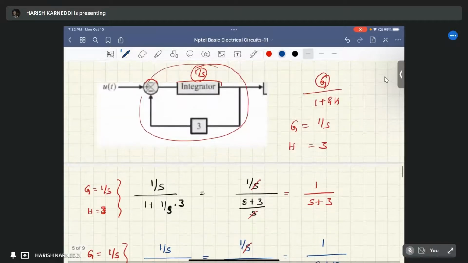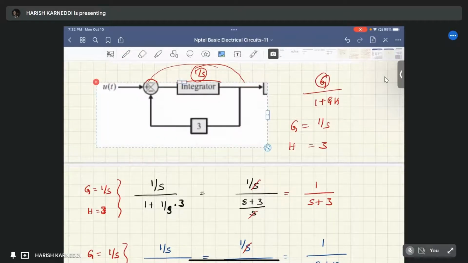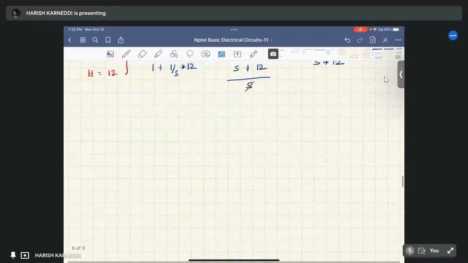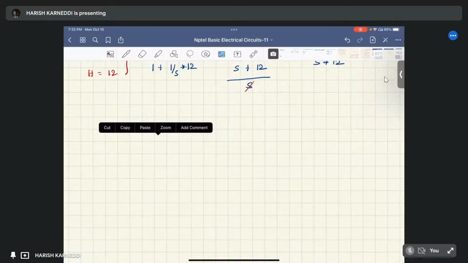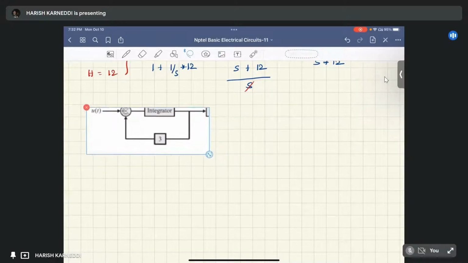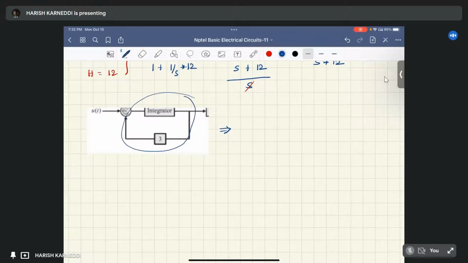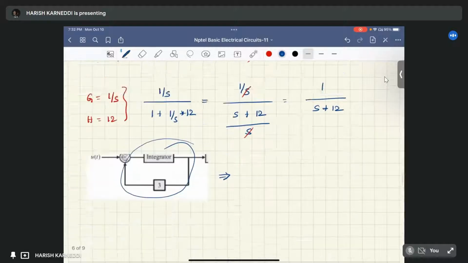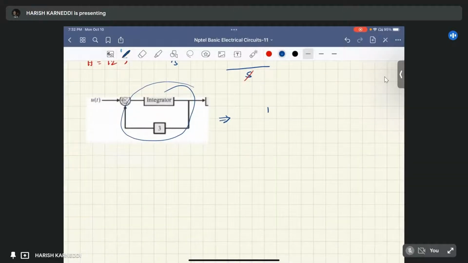It means instead of this whole loop, we simplified this one. The transfer function of this whole complete block is 1 by s plus 3.